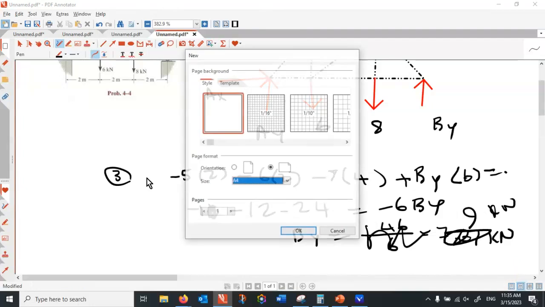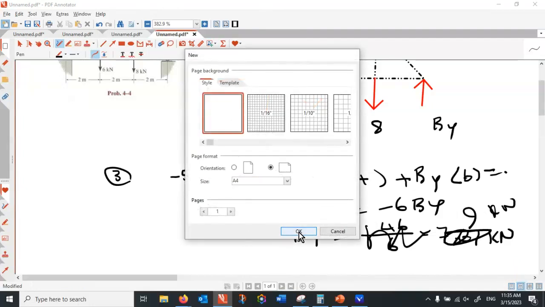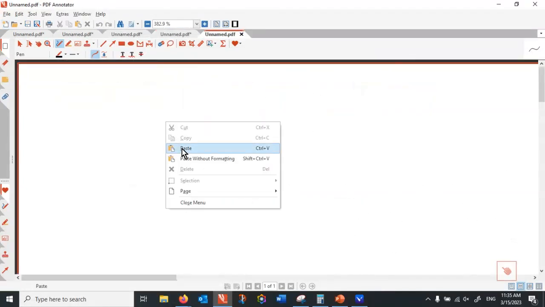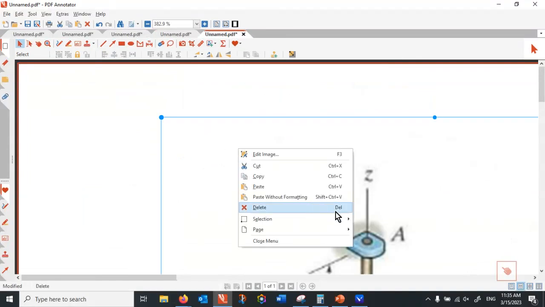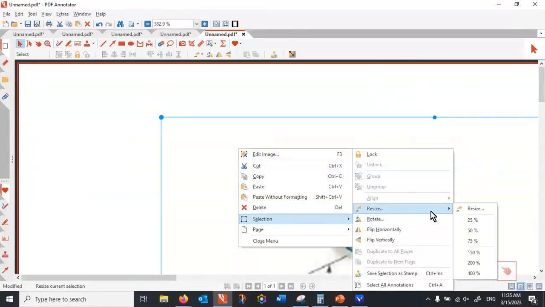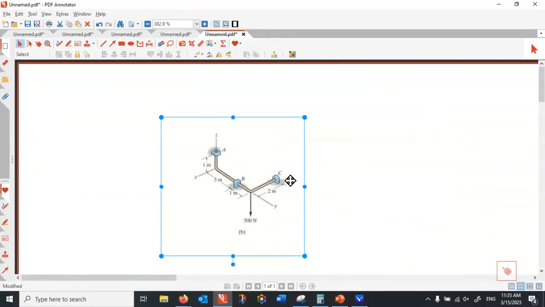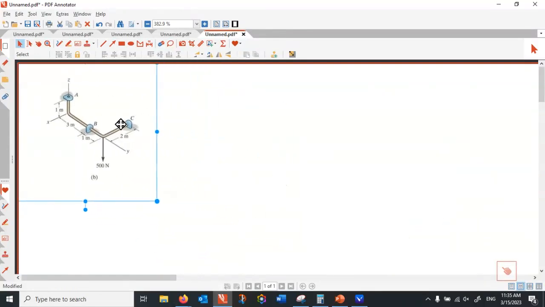Okay, so we go to the preliminary problem 4-2B. These kinds of supports are journal bearings.